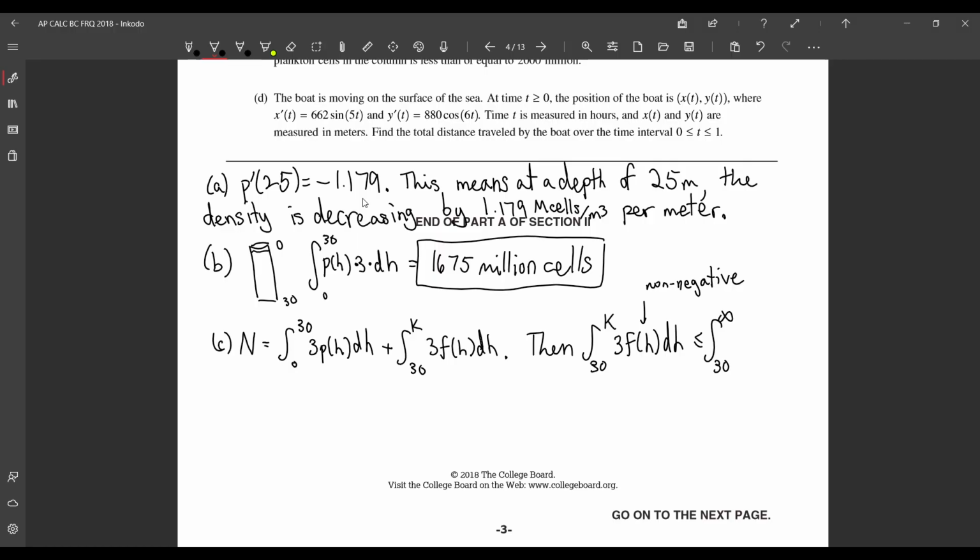Density could not be negative. So then we replace this here, and that is less than or equal to, if I take out the 3, the integral from 30 to infinity of u of h dh. And so this is equal to 3 times 105, which is 315.